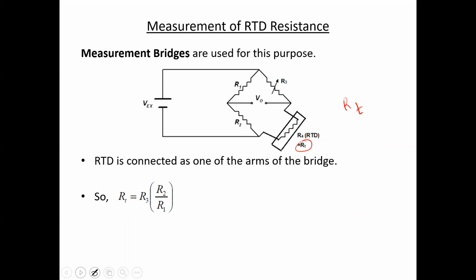So in this way, by using a bridge circuit, you can determine the value of the resistance, and using the help of the equation in terms of the known values, the temperature can also be determined.